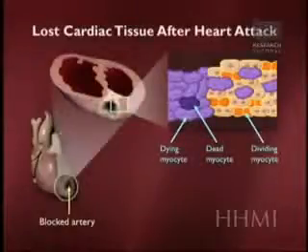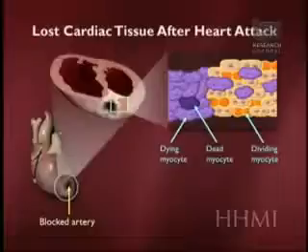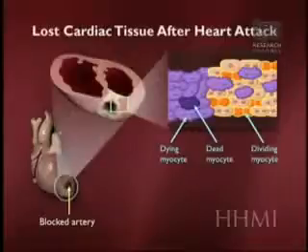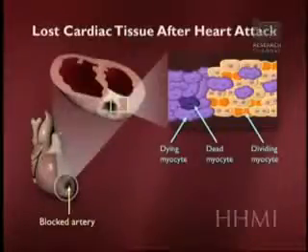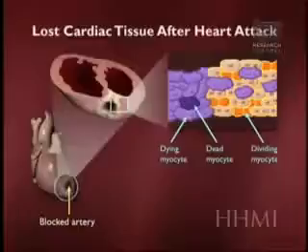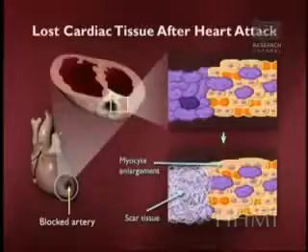On the left here you see the blocked artery has caused an area of damage, shown here as a sort of black smudge. What's going on there? The dying myocytes, shown in purple, are of course not able to contract anymore, and the ones that are surviving around the side try to divide, but myocytes aren't very good at dividing. And what happens eventually is that the scar tends to actually grow.